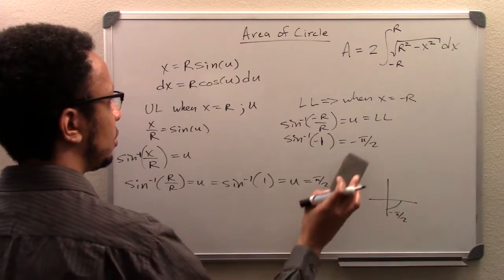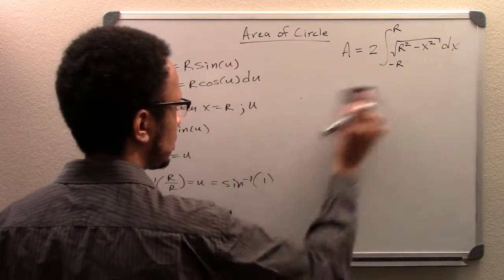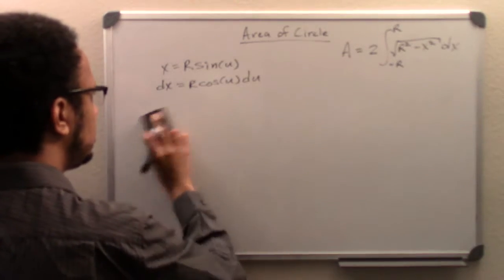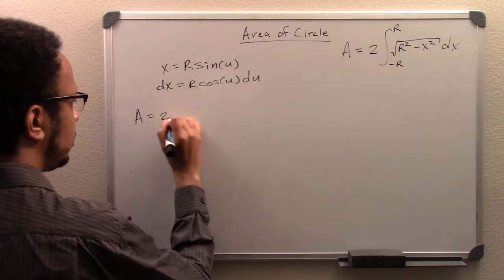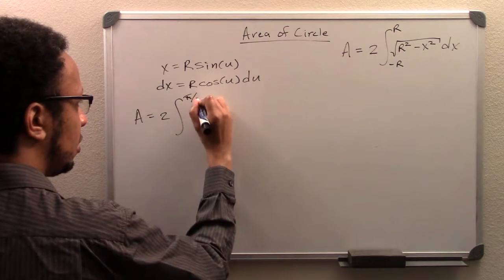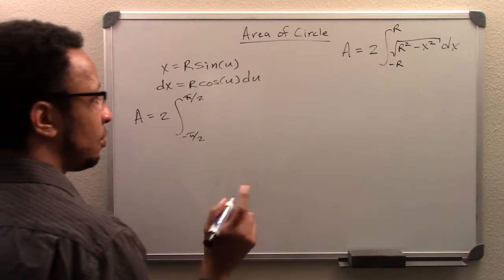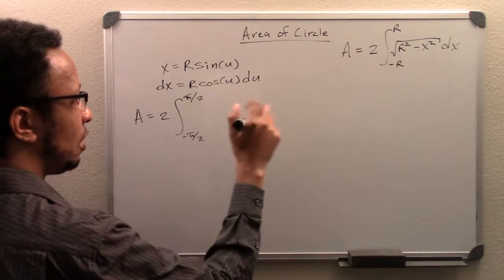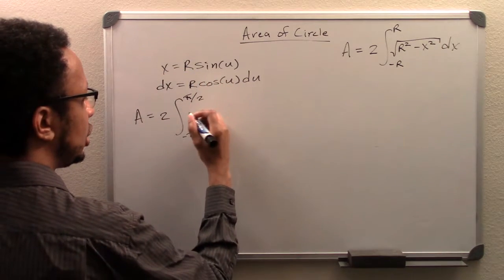So we're going to rewrite this whole entire relationship using our substitution. And we're going to have the area equals 2 times the integral from negative pi over 2 to pi over 2, because that's what we were talking about. The square root of r squared minus x squared. Well, what is x? x is r sine u.